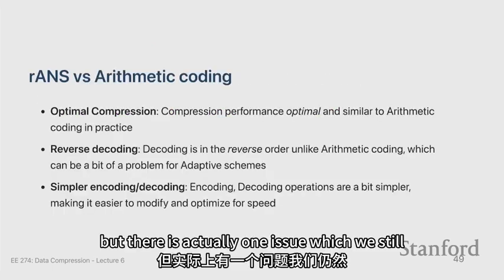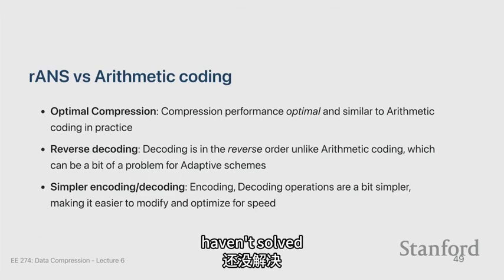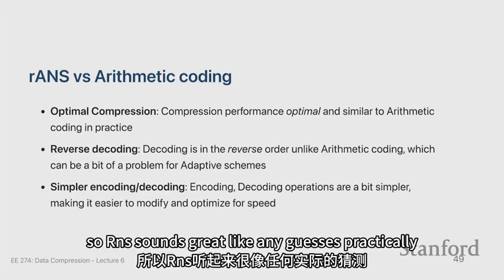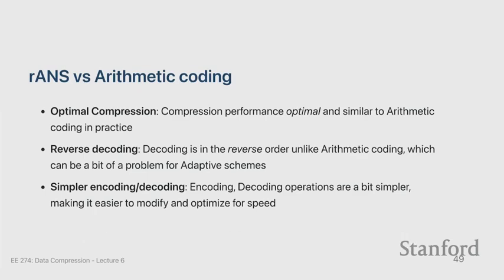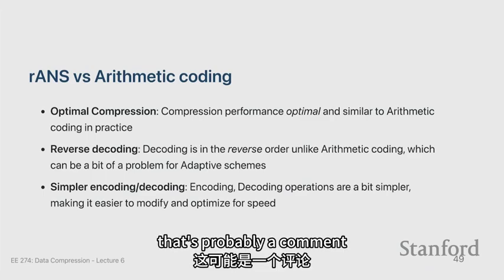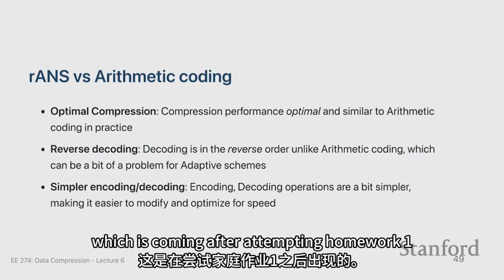Okay. But there is actually one issue which we still haven't solved. rANS sounds great. Any guesses practically what might be one of the issues? Yeah, so that's probably a comment which is coming after attempting homework 1.